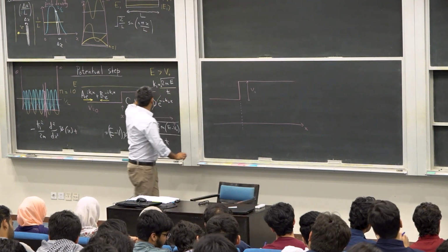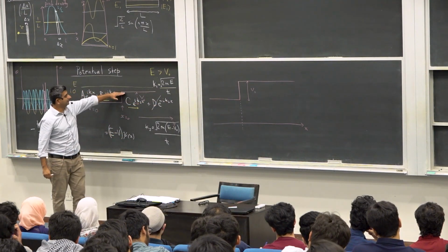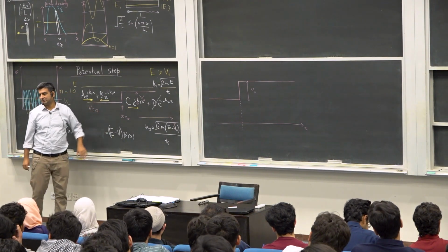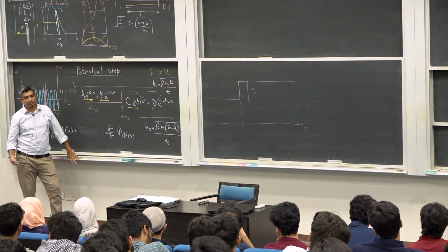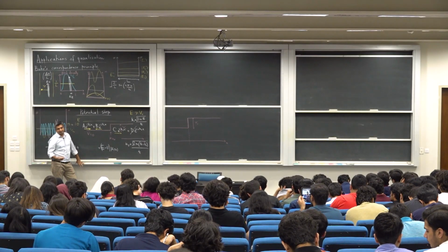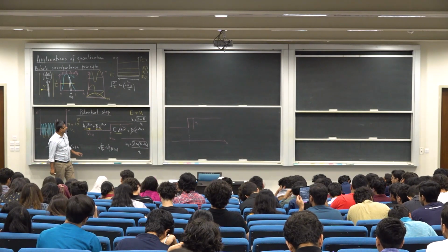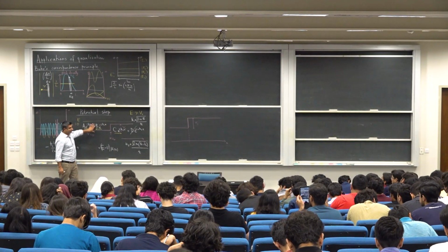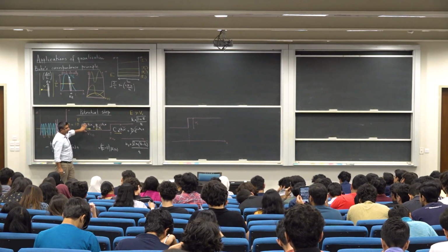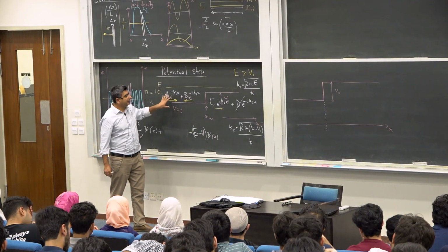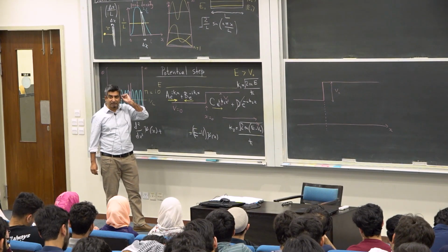Now the energy is bigger than the potential step. So now these wave functions are complex. I can't plot complex wave functions, so let's just plot the real part. The idea is that this is going to be a wave in which B and A are related, but it's not going to be a standing wave.